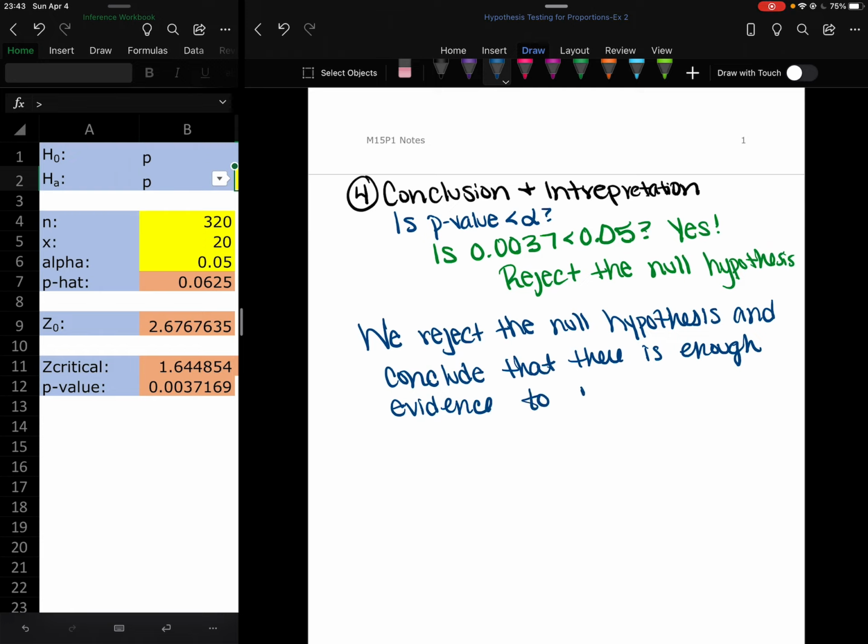the proportion of airplanes with, and what specifically were we looking at?